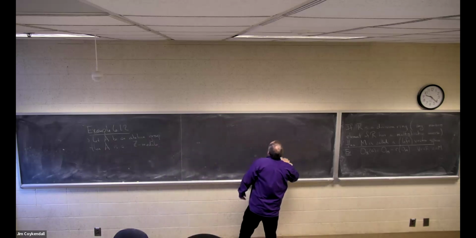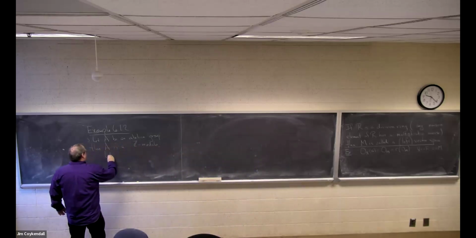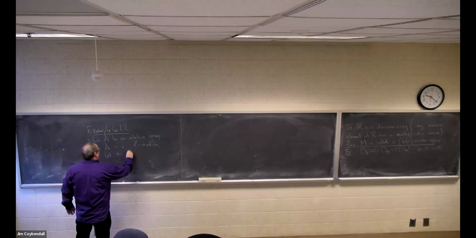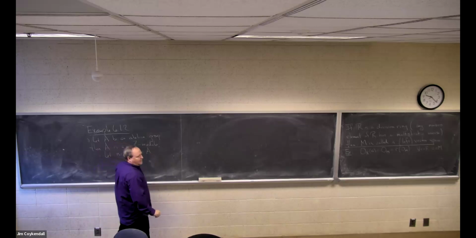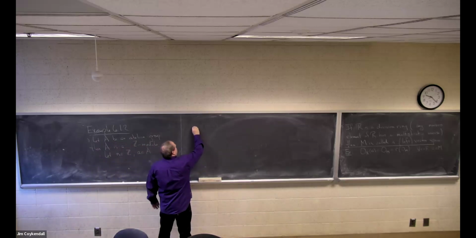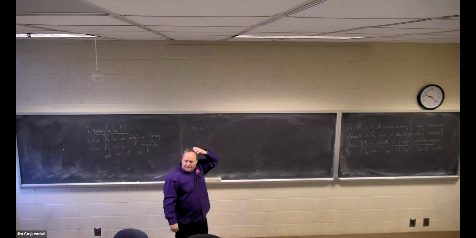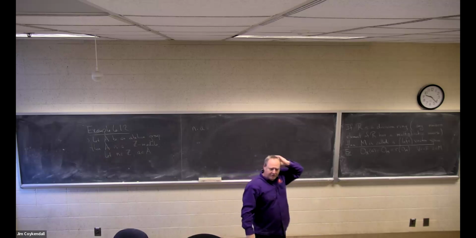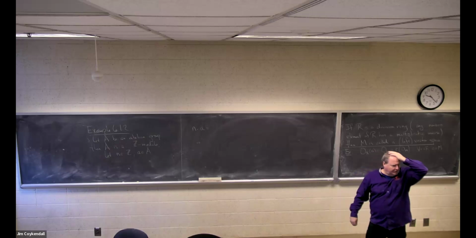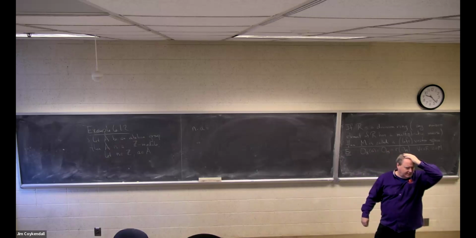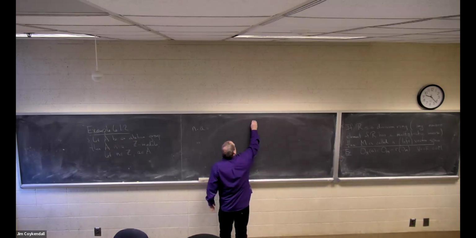It's naturally a module over the integers Z. How does the scalar multiplication work? Let's take the first case.